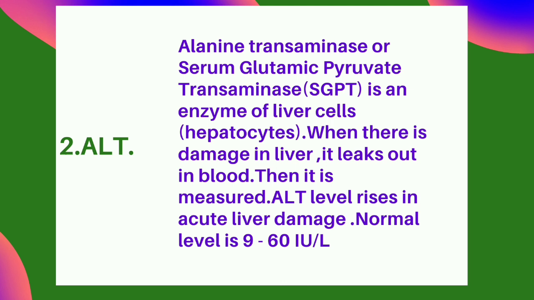When there is damage in the liver, it leaks out into the blood. Then it is measured. ALT level rises in acute liver damage. Its normal level is 9 to 60 IU per L.